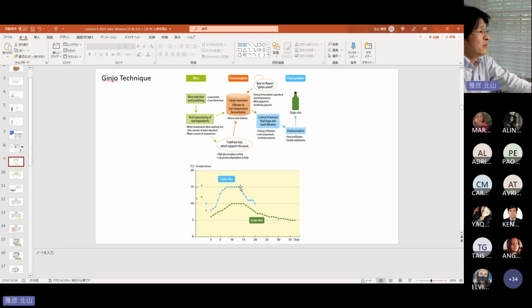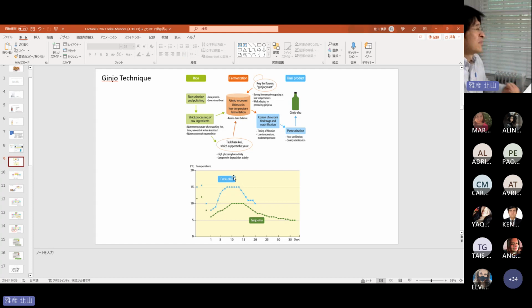This blue line shows the temperature change when futsushu, ordinary sake, is being made.